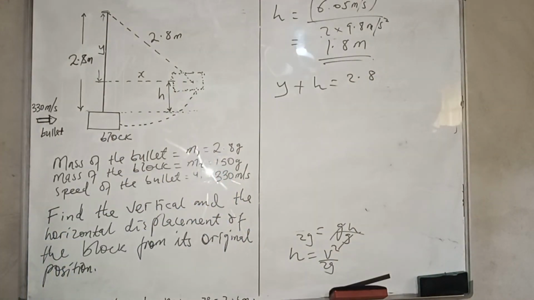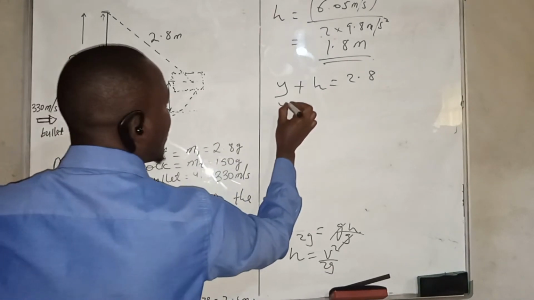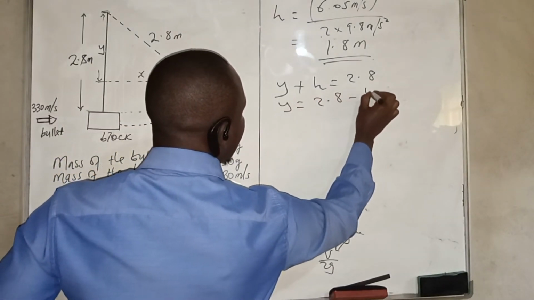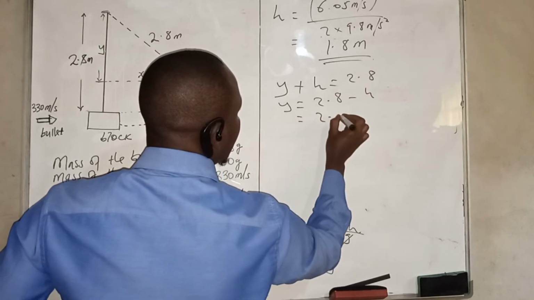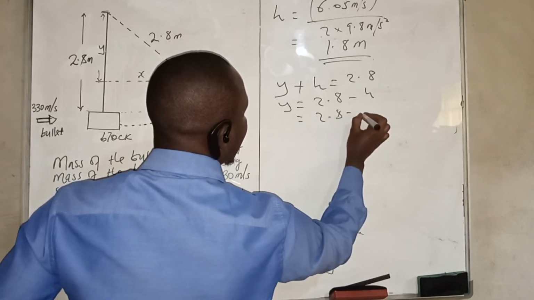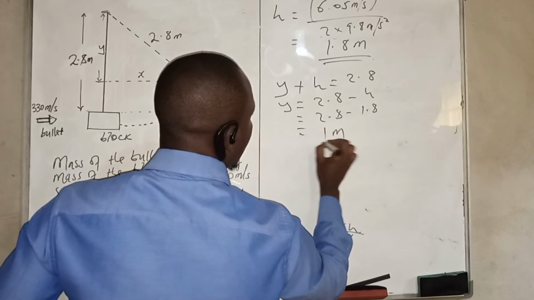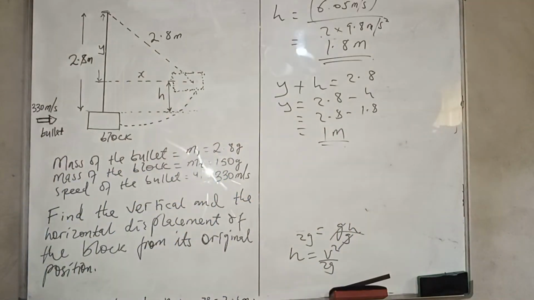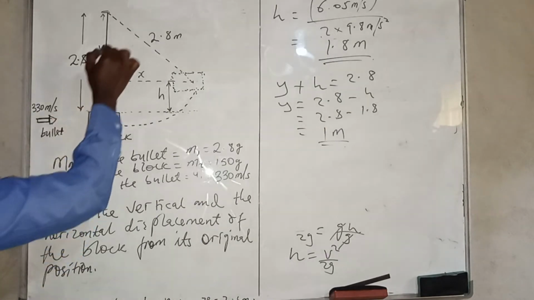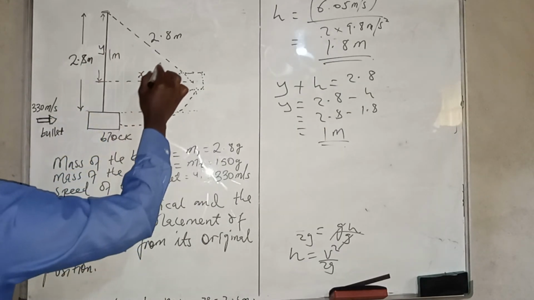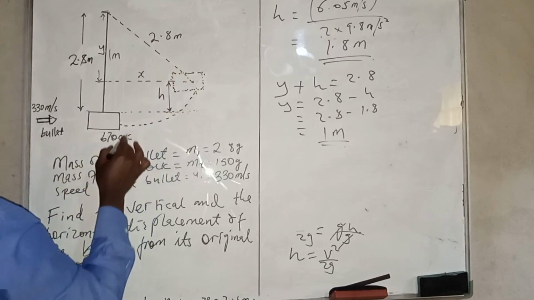So from here we can find y is equal to 2.8 minus h. So 2.8 minus 1.8, what we're going to have is 1, so simply 1 meter. So here we have 1 meter, and then here we have 2.8.